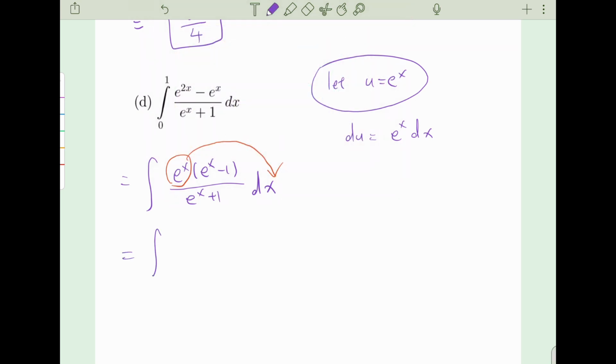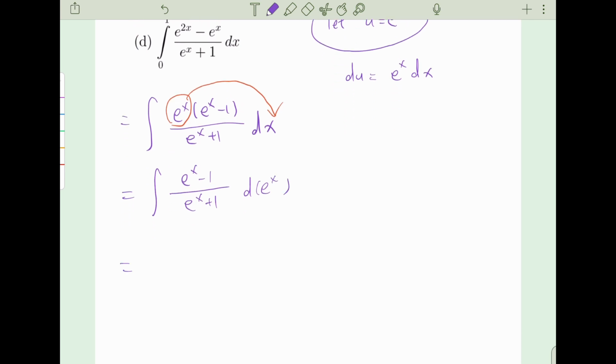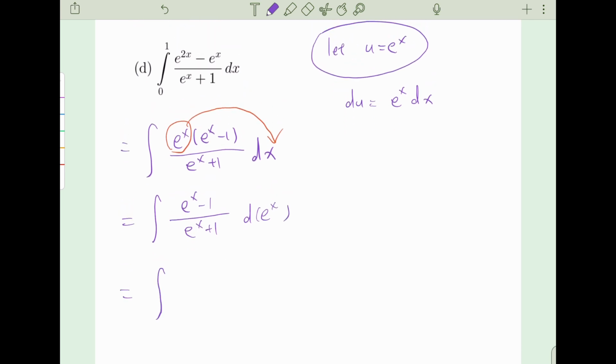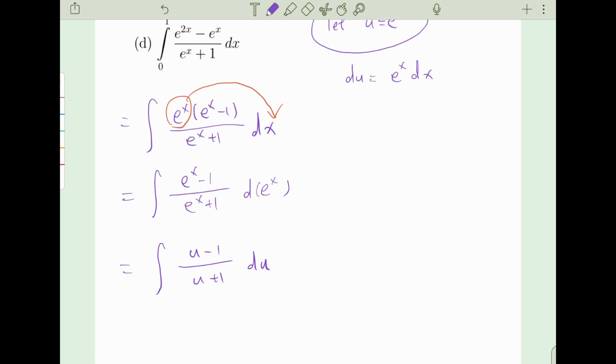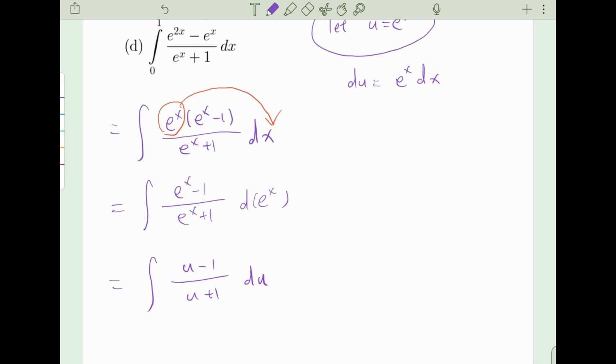So it becomes e to the x minus 1 over e to the x plus 1 d e to the x. Now, since u is e to the x, it becomes u minus 1 over u plus 1 du, right? And I also need to figure out my upper bound and lower bound.